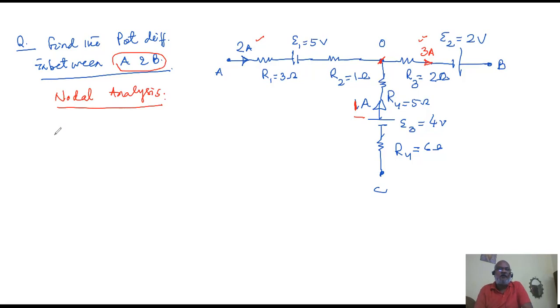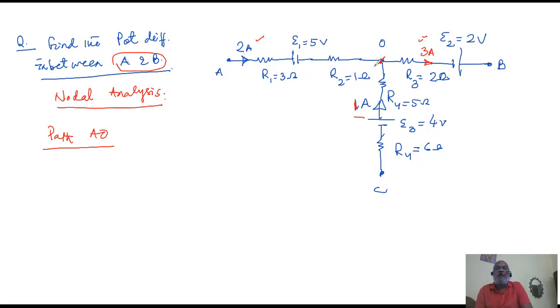So if I consider the path or the branch AO, whenever you are looking at AO, you just look at AO, close your eyes to the remaining things, that is OB and OC, and try to write the current, using the same old Ohm's law that you have used in the last 3 cases.